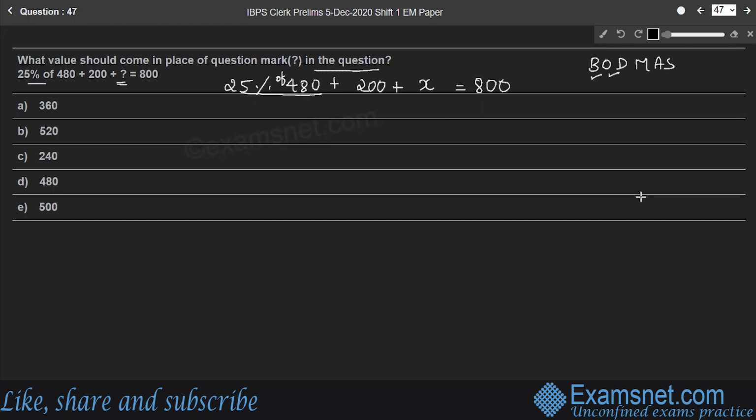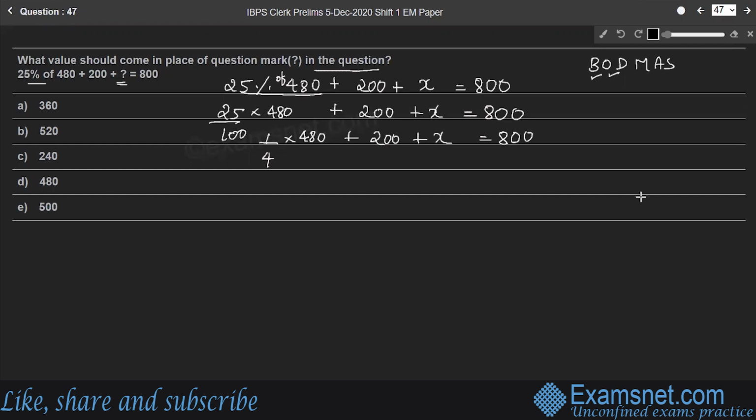25% of 480 is equal to 25 by 100 into 480. Right? Plus 200 plus x is equal to 800. So here 25 by 100 is 1 by 4 into 480 plus 200 plus x is 800.